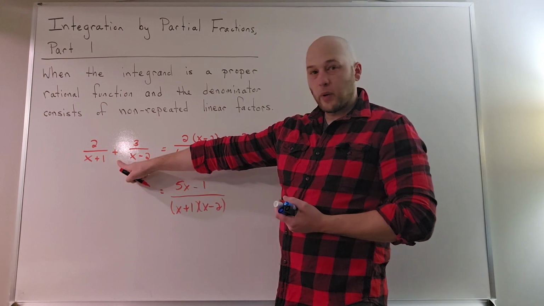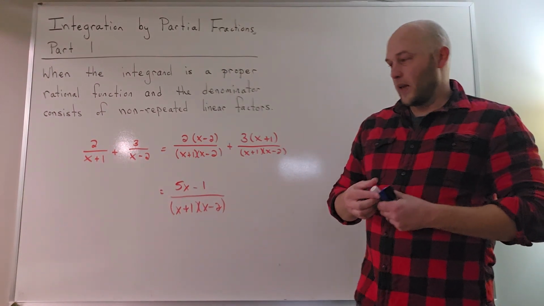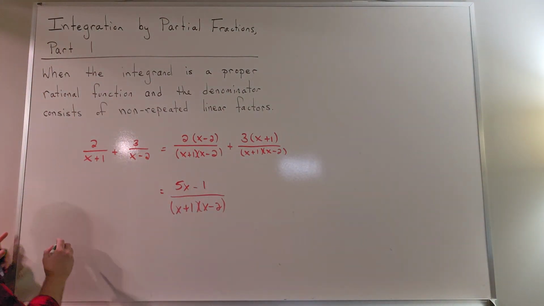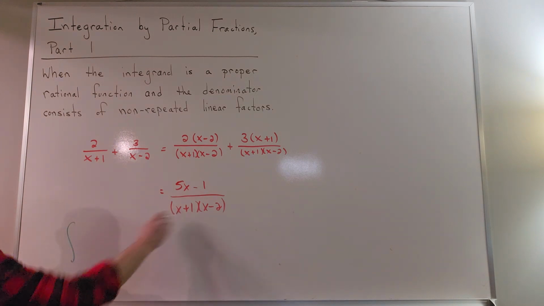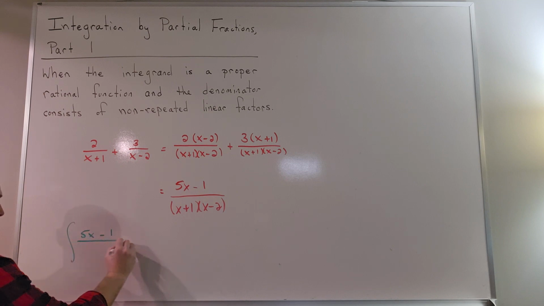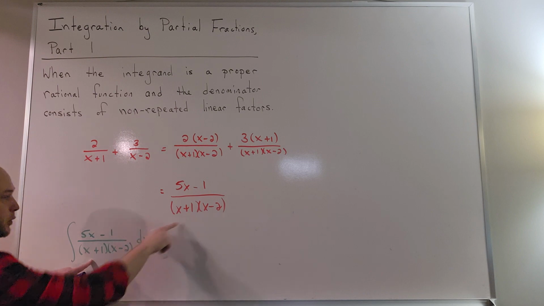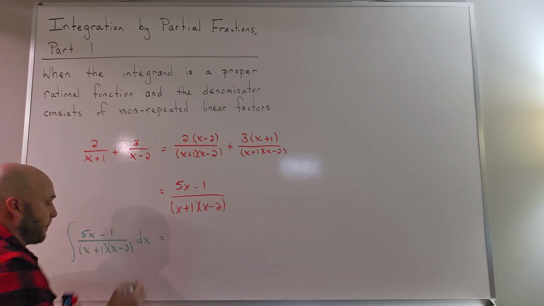So this expression right here is equivalent to this expression right here. Well, what that means then is that suppose I had an integral where this was my integrand. Since this expression is equivalent to this expression, the integrals would be the same.